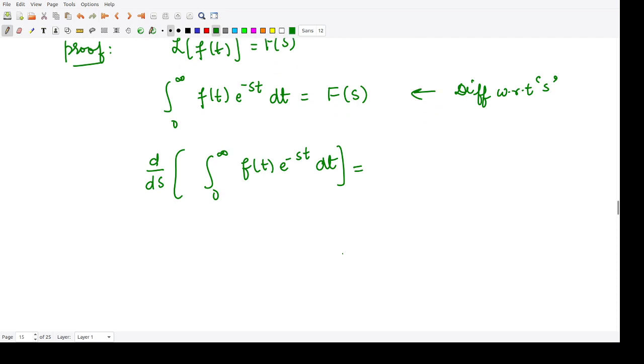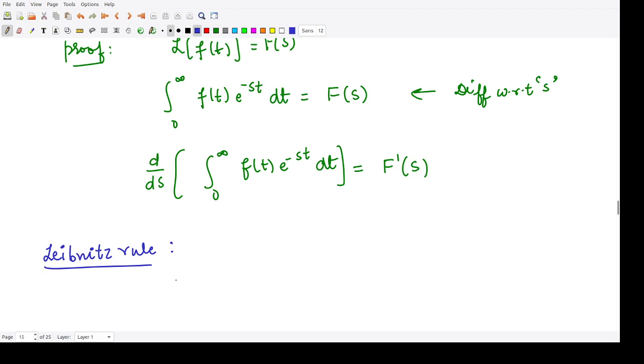So I'll just tell you what that is. On the right hand side we have F dash s. Now what is this Leibniz rule? This is Leibniz rule for taking the derivative under the integral sign.